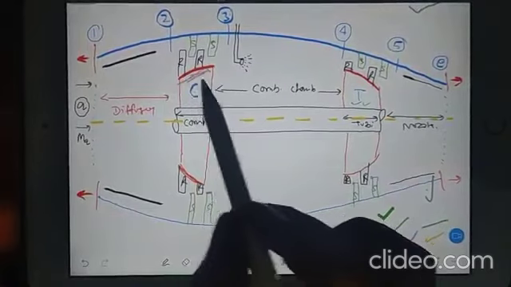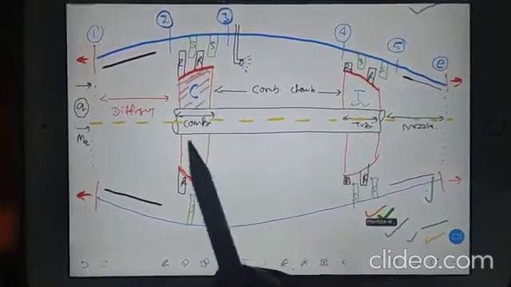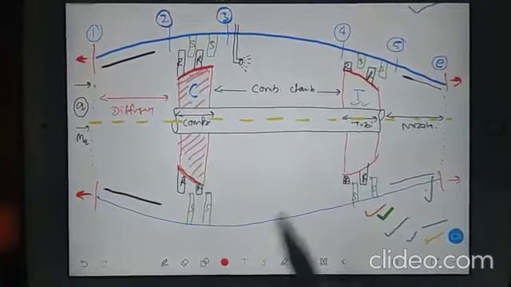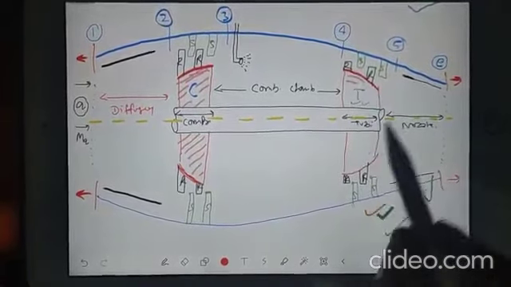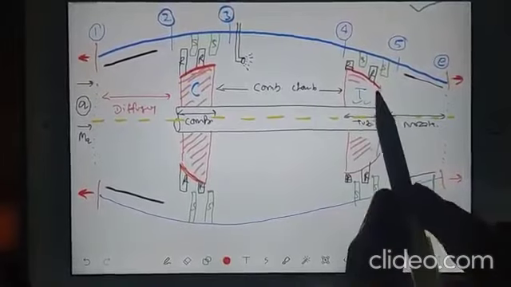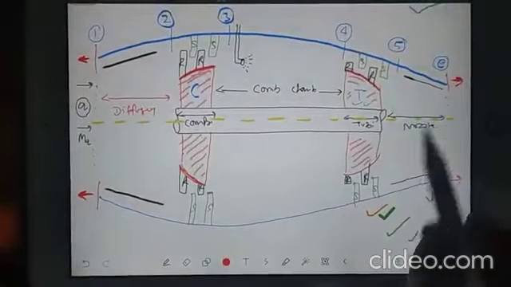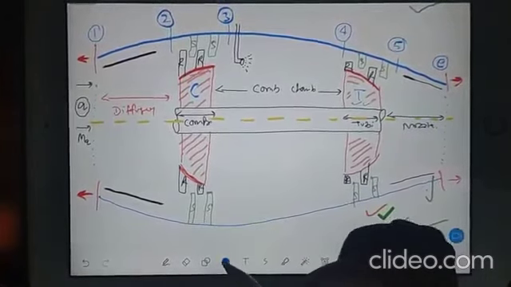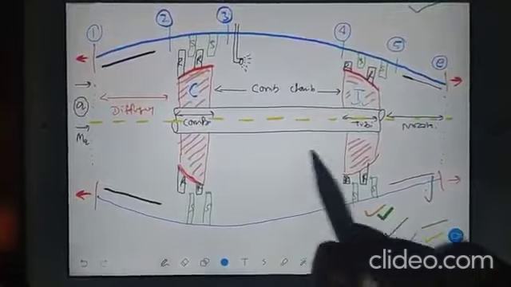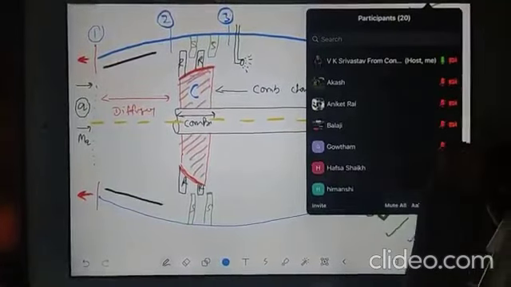I think this kind of shading you can give if you are free. I have so many artists in my class, like Hafza, Himanshi, they draw amazing. Saurav.